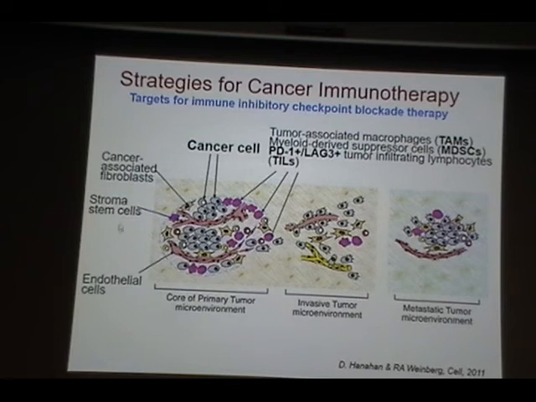They also have different supporting cells, like endothelial cells, stromal stem cells, and fibroblasts, and connective tissue to give the tumor its shape, just like an organ.